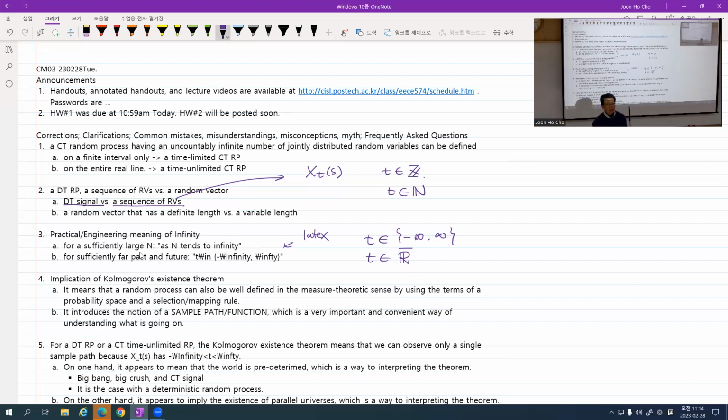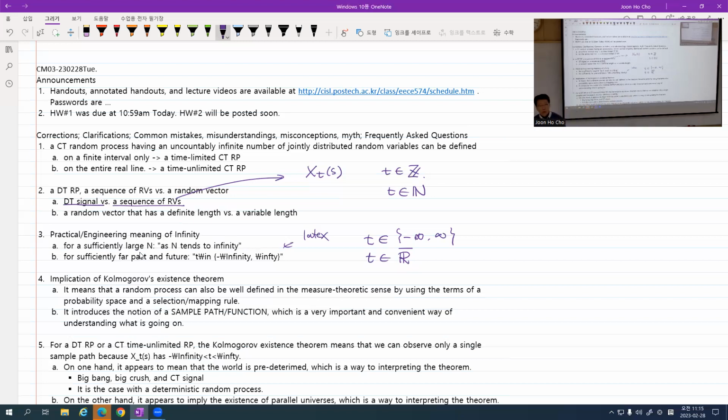So T cannot range from negative infinity to positive infinity. Or you may say that even though there is some God who started our time from negative infinity and will end at positive infinity, anyway, the lifespan of human beings would be finite. In that case, what's the meaning of this plus minus infinity?